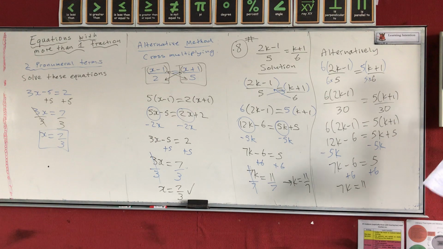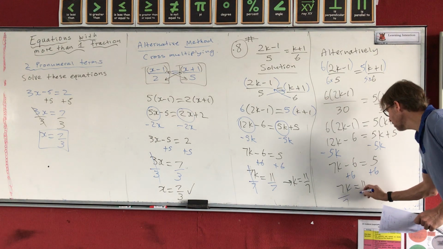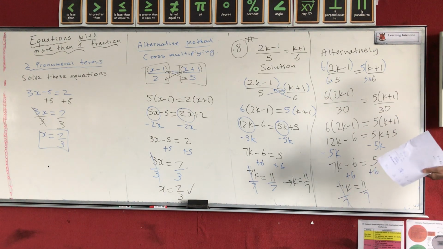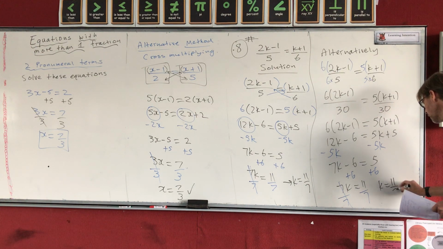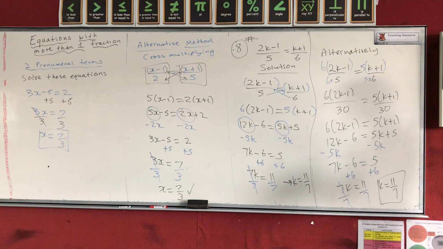Okay, and last of all, divide by 7, 7's cancel, and you get k equals 11 over 7. Okay, k equals 11 over 7. There we go. Alright, so both methods work. It's up to you which one you use.